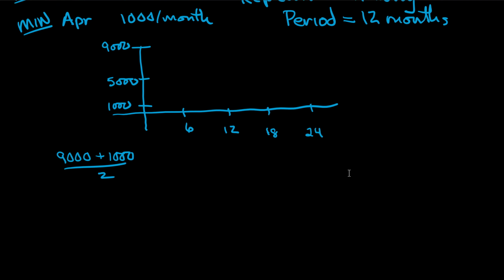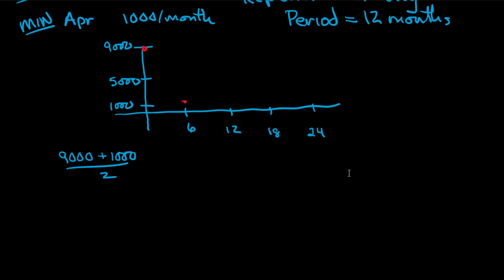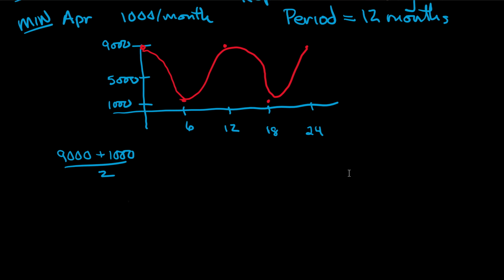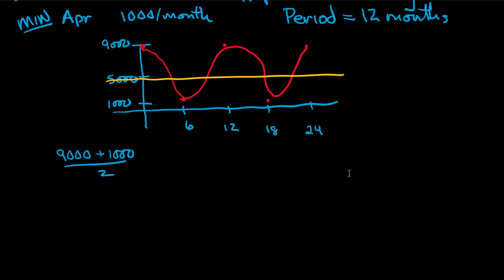So what we wind up with here is at the beginning, 9,000 units. 6 months later, we're at the minimum 1,000 units. 6 months later, we're at 9,000, 1,000, 9,000. So this gives us a production scheme that kind of goes like this. Really important here, our midline is right there.